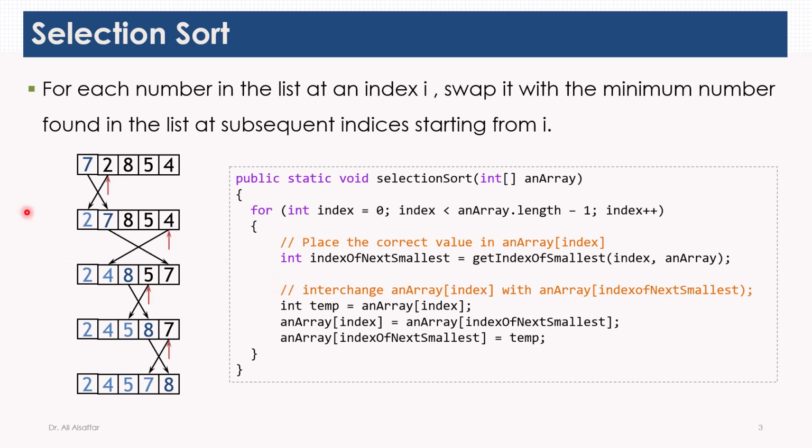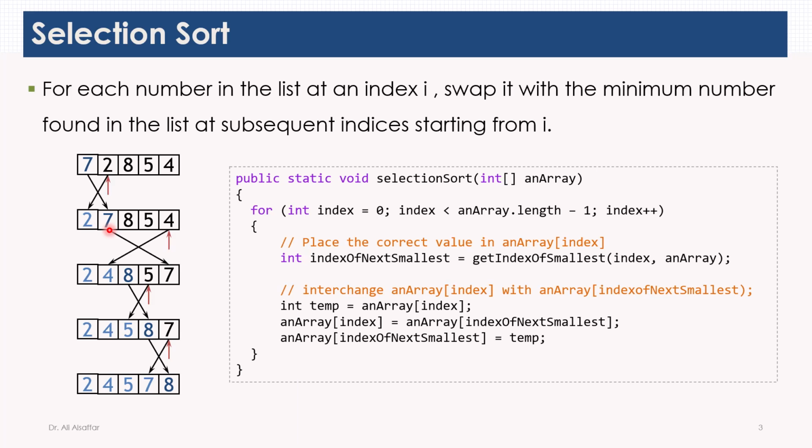In the next iteration, when index is equal to 1, we are talking about this variable, which now becomes equal to 7. This one will be an input parameter to the method, as well as the array. So the method will look at all elements starting from index 1 until the end: starting from 7, then 8, 5, and 4.